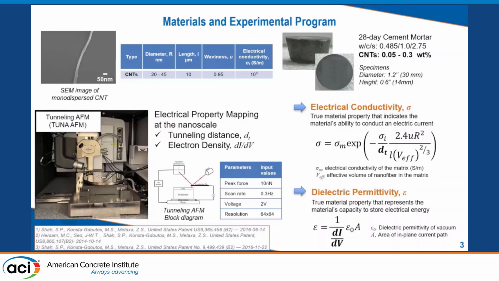So to measure the tunneling distance and electron density, and then to form some equations, if I may say, to calculate the electrical conductivity and dielectric permittivity. Again, these are two true material properties.